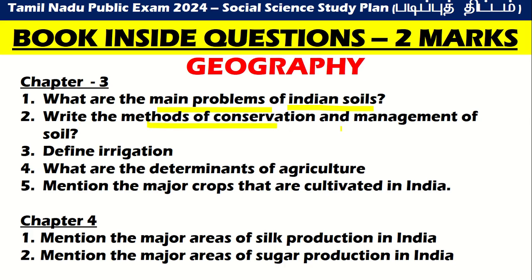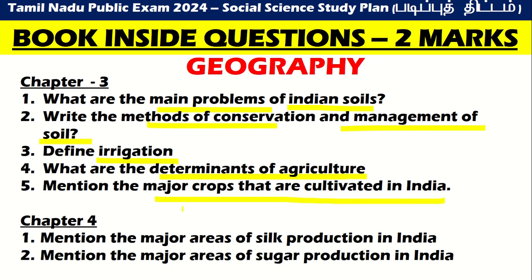Write the methods of conservation and management of soil. அது define irrigation, determinants of agriculture, major crops that are cultivated in India. So நல்லா கவனிங்க. Main problems of Indian soils. Write the methods of conservation and management of soil, define irrigation, and what are the determinants of agriculture.